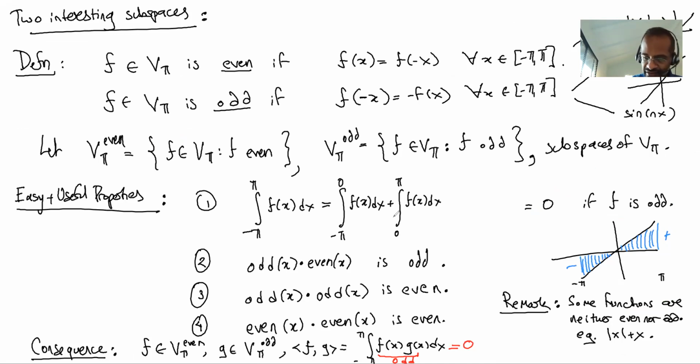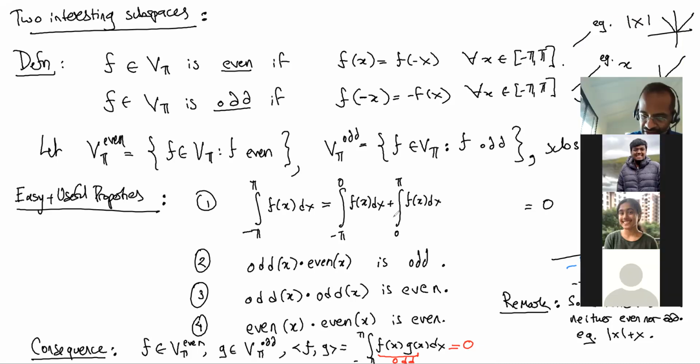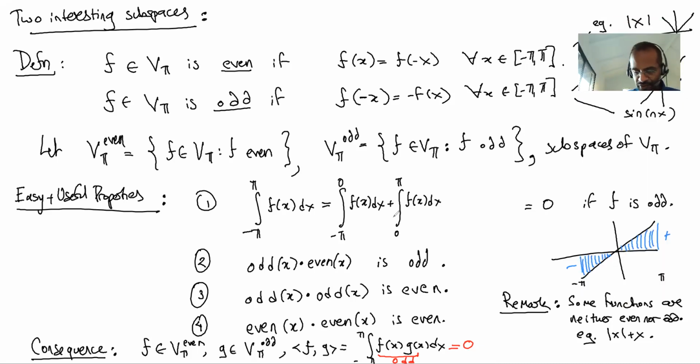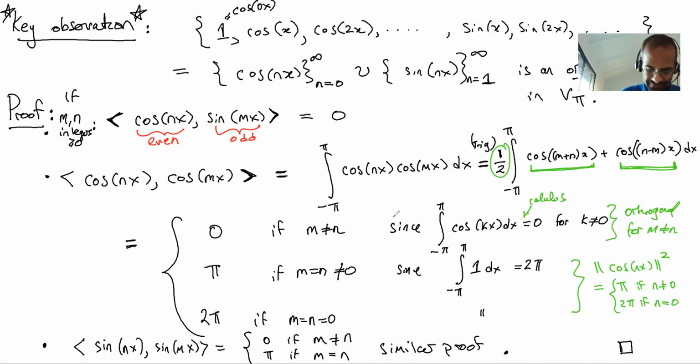Similar to what Vindhya was saying, I think there's some confusion about n and x, right? N is telling me which cosine function I'm looking at: cosine 1x, cosine 2x, cosine 3x, etc. X is actually the variable in the function. Okay, maybe n was the wrong letter to use.